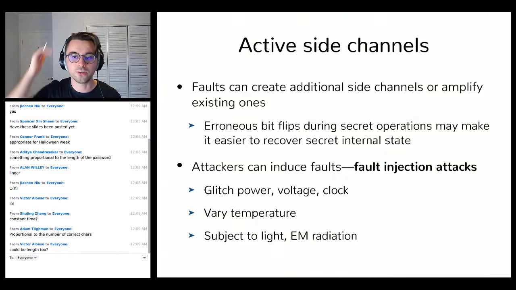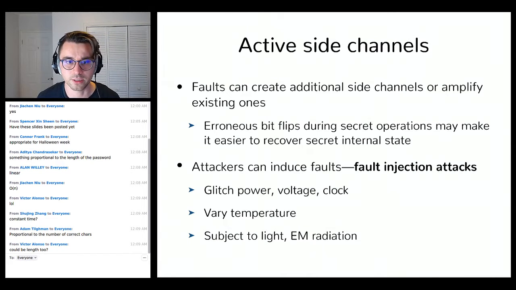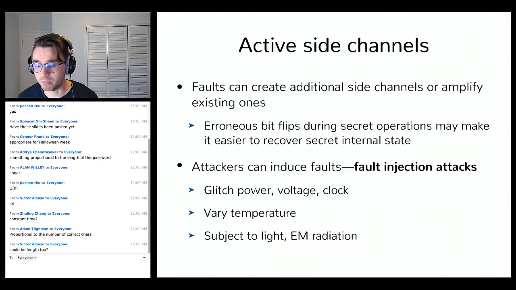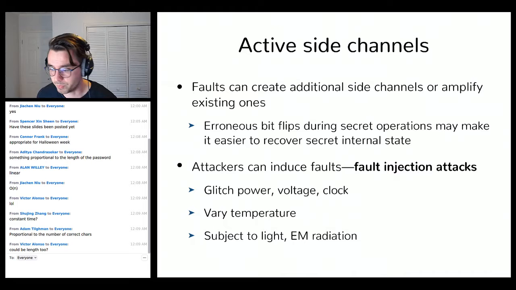These fall into a category of attacks called fault injection attacks. Basically what I do as the attacker is cause bit flips, or cause glitches in power or voltage, or even your CPU clock, or even vary the temperature of your CPU by putting a light on it, right? Just getting it to flip some bits. This causes radiation.